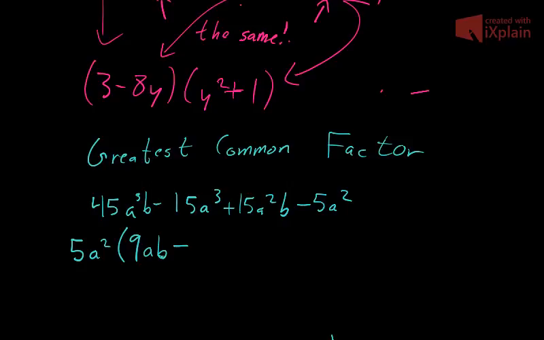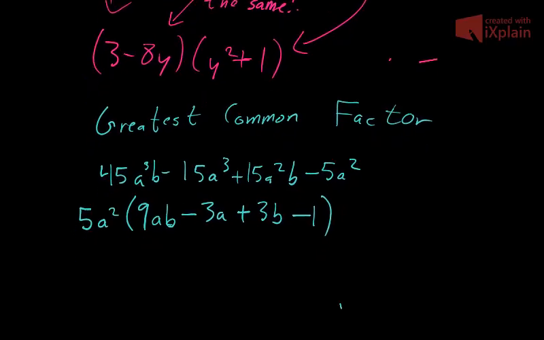And I'm just going to keep going. So 5a squared to get to 15a cubed would be multiplying by 3a. To get from 5a squared to 15a squared b, I need to multiply by 3b. And then I'm going to have to multiply this last term by a negative 1.